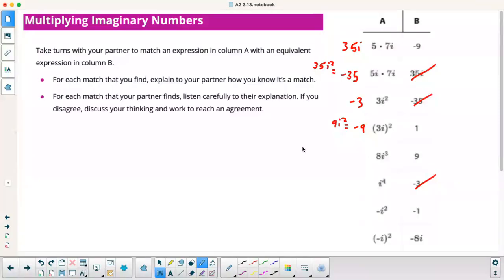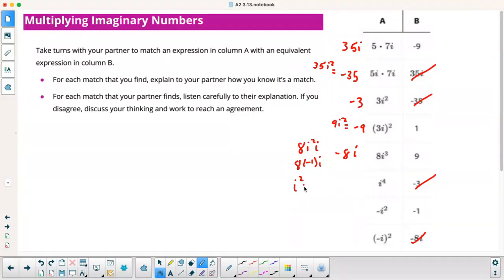This one's a little harder with the cubed. It's going to be 8. You have to write it as powers of i with powers of 2 and 1. So if I did i squared times i, that's still equal to i cubed. So then we know that it's 8 times -1 times i. So I get -8i, which is right there. i to the 4th.